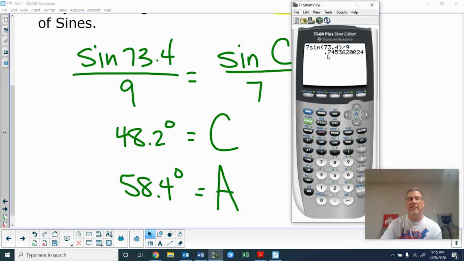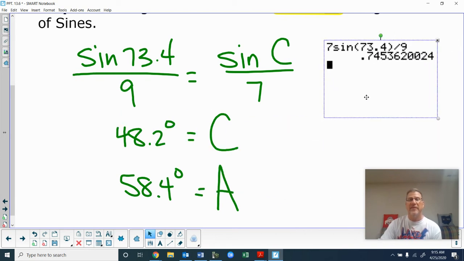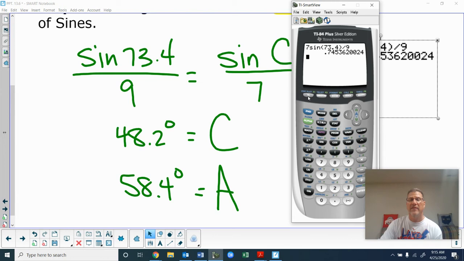So I'm going to put that over here so you can see what I did. And then I'm going to hit second, since it's law of sines, second answer on my calculator. Second sine, second answer. Close it up, enter. So there's the 48.2.